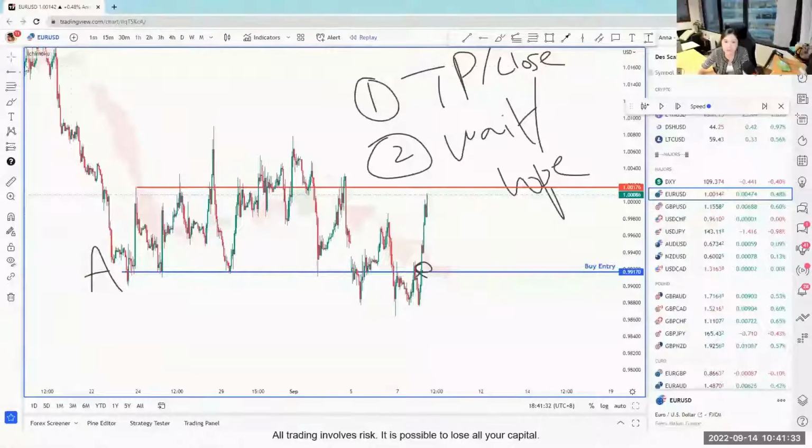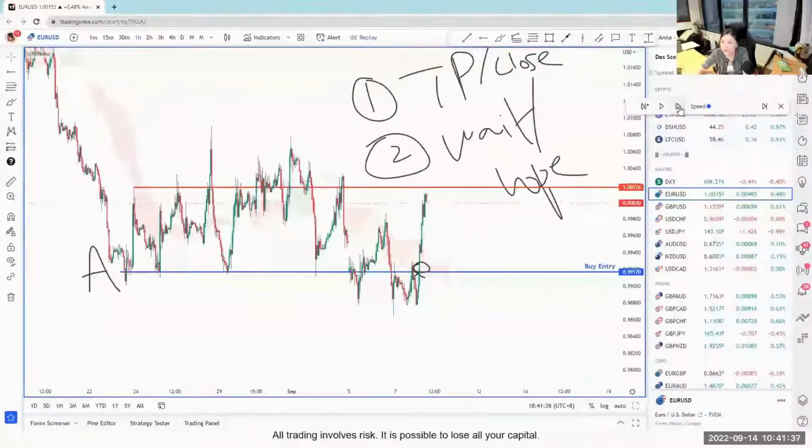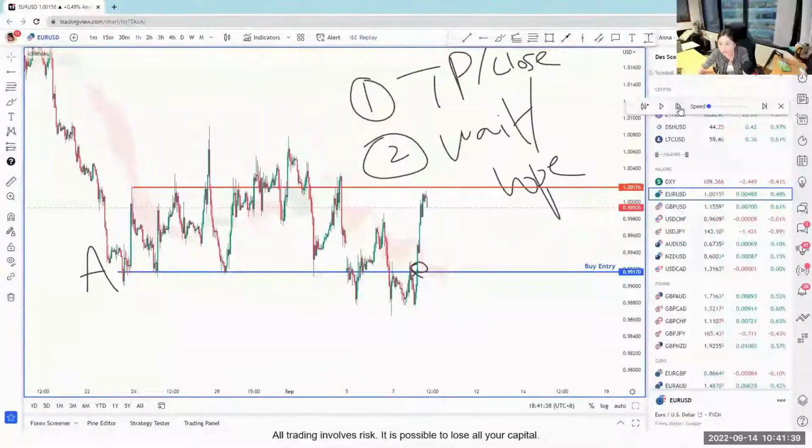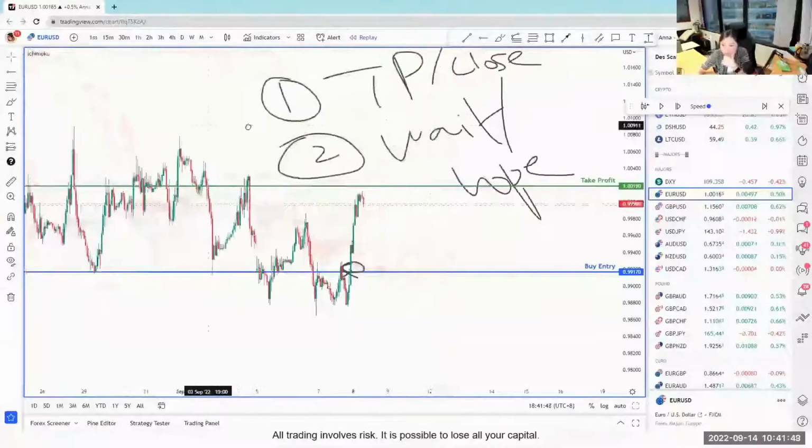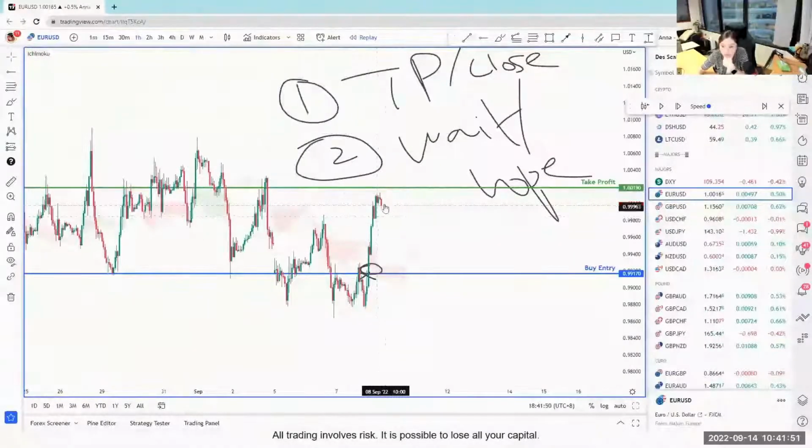Now, if you're waiting for your trade, waiting and waiting, what happens here? It's coming downward, and then you see like, hey, it's telling me that it might actually reverse from here.